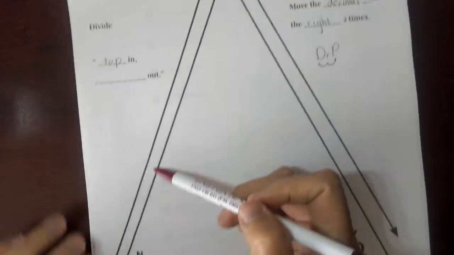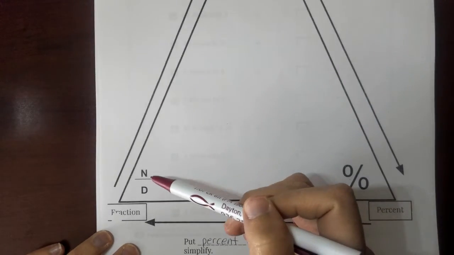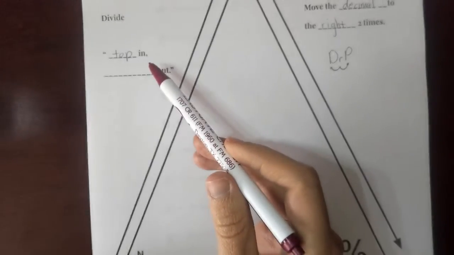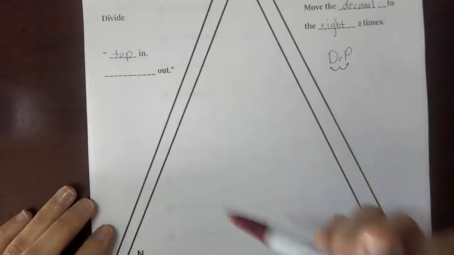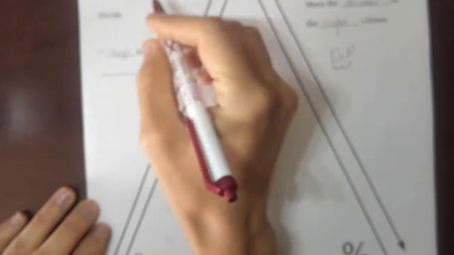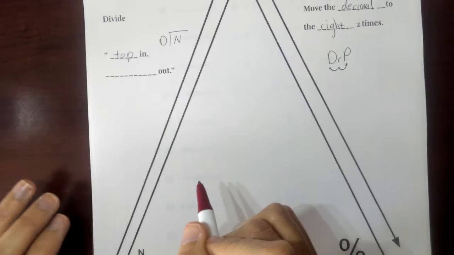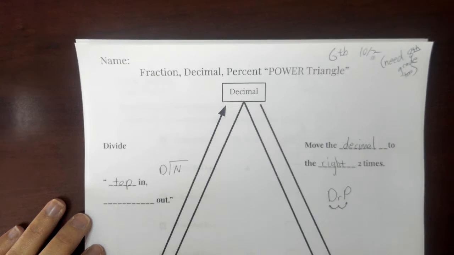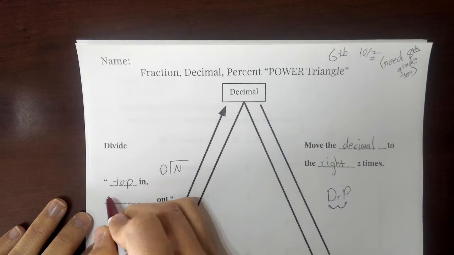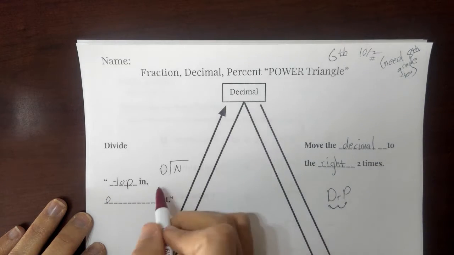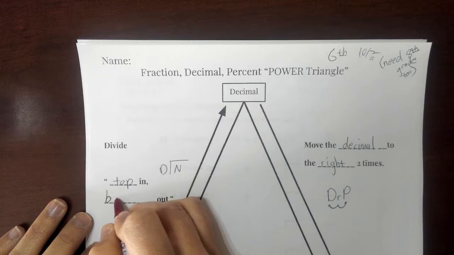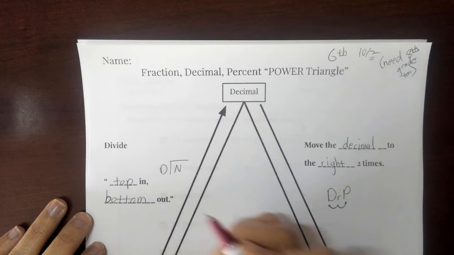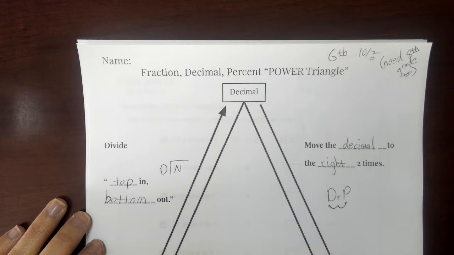So you put the top number, or the numerator, inside your little division. Numerator goes here, and the denominator goes on the outside. So top is in, and bottom out. So top in, bottom out.